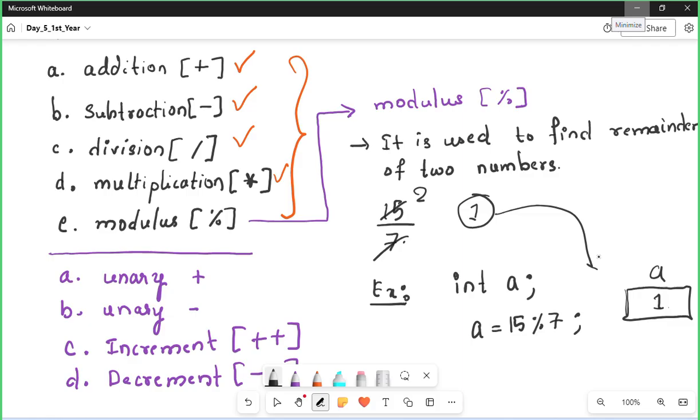This is what is given by the modulus operator. If you want, you can take different values as well, to find the remainder of two numbers.